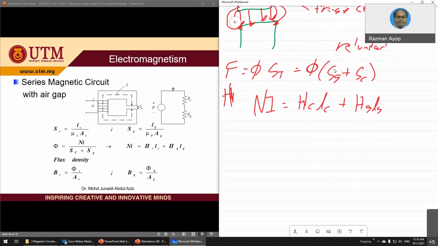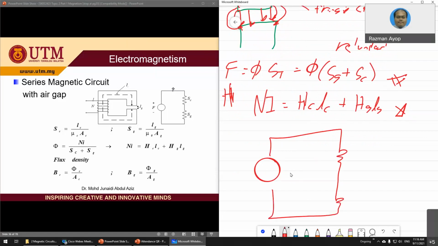So either you have this information or that information. Depending on the information you obtain, if you have the permeability and the dimensions, you can use the reluctance. But if you have the magnetizing force H, you have to use this method. So basically just sum it up: this one is Ni, this one is HC LC, and this one is HG LG.